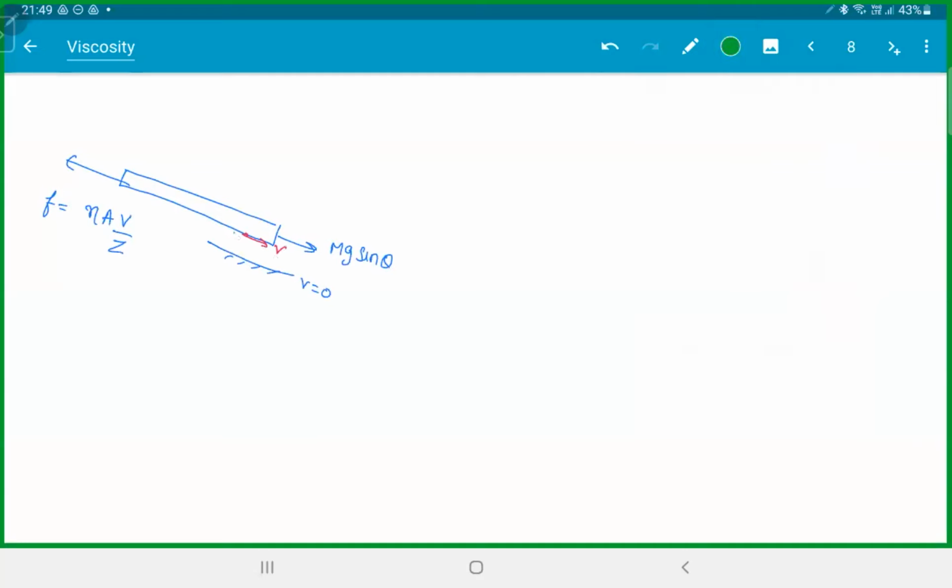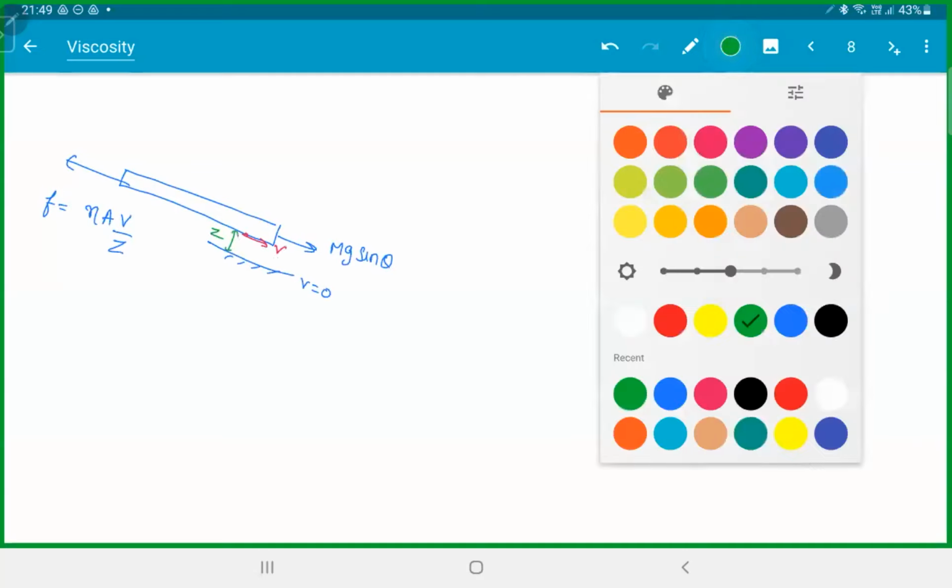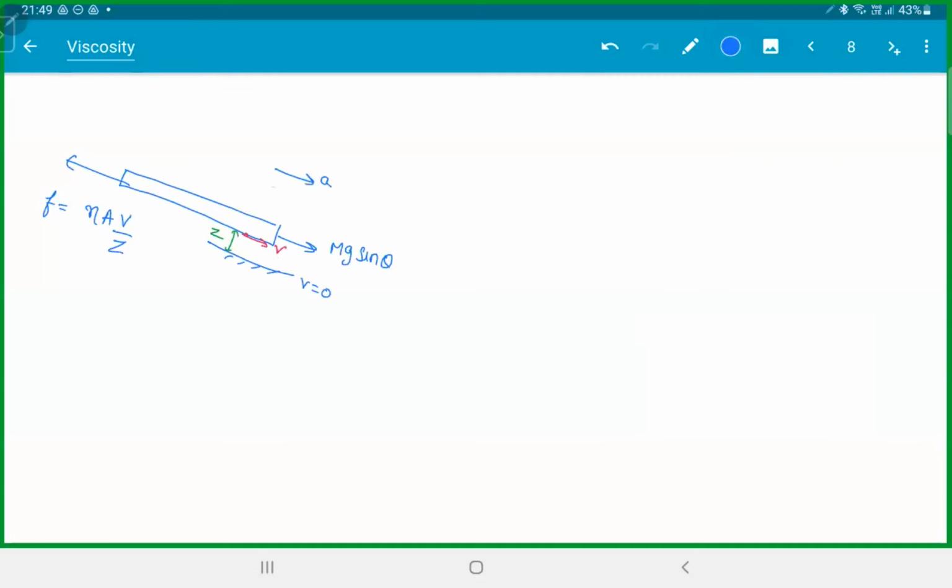And the distance between them is z. And the acceleration is a and the velocity is v. So see what is happening here. As it is going faster and faster, viscous force also is increasing. So at some point, the viscous force becomes so strong, it will balance mg sine theta and velocity becomes constant.